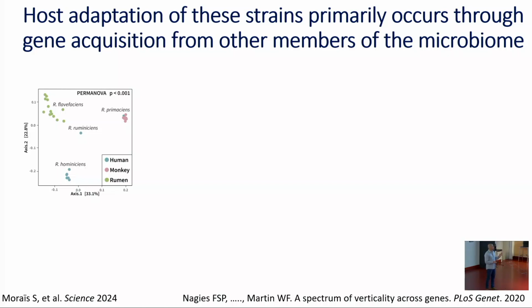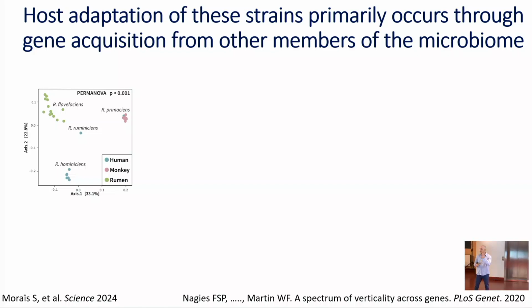This analysis essentially asks how deeply a gene is rooted within a specific phylogeny. When did this phylogeny actually get this gene? If you have high verticality values, it means that it goes long back into the evolutionary story. And if it's very low, it means that it was recently acquired by horizontal gene transfer.